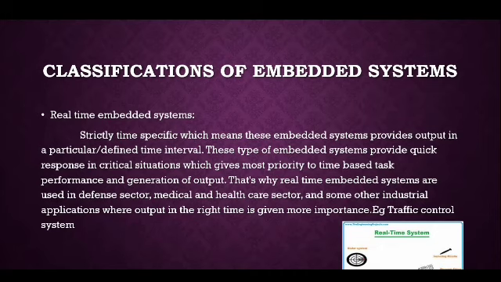These types of embedded systems provide quick response in critical situations, which gives most priority to time-based task performance and generation of output. That's why real-time embedded systems are used in the defense sector, medical and healthcare sector and some other industrial applications where output at the right time is given more importance. Examples, traffic light control systems.